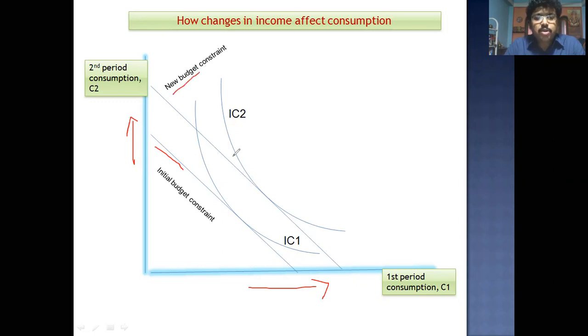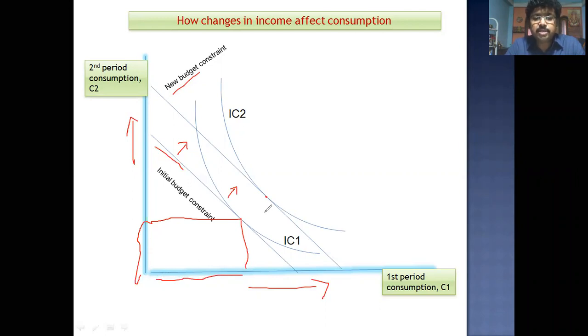Okay, so now if there is an increase in income, then the budget constraint will shift up parallelly. So the consumer will have a new budget line, new indifference curve, and the new touching point. That is, when there is an initial budget line and there is no increase in income, then this is the equilibrium point where there is this much amount of second period consumption and this much amount of first period consumption.